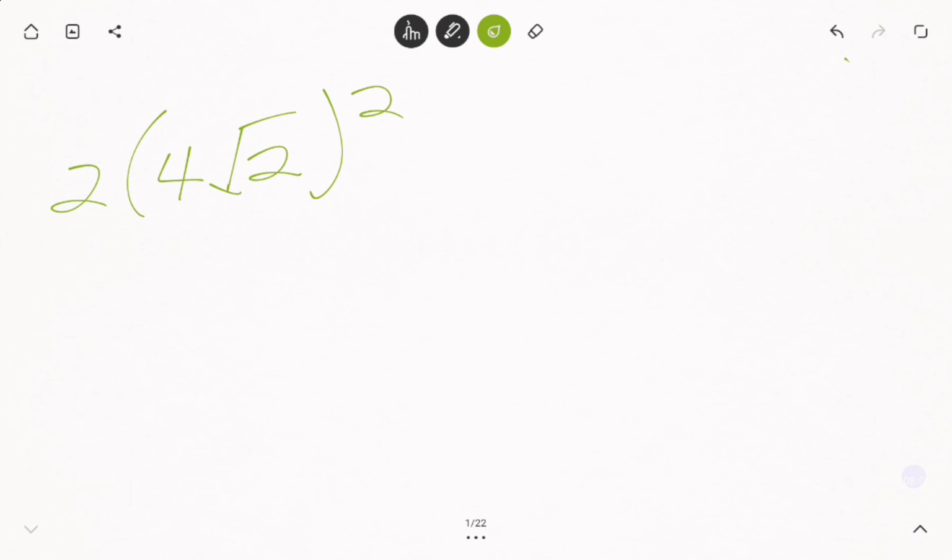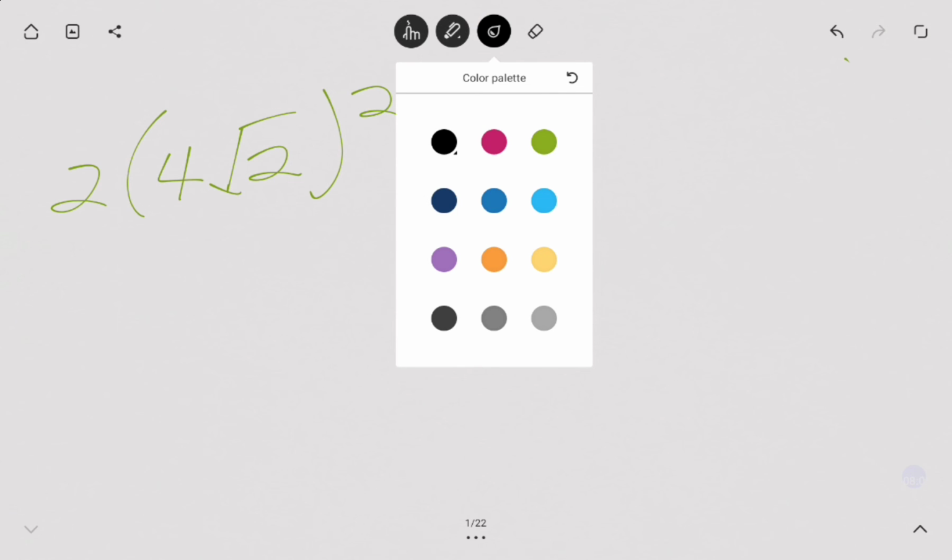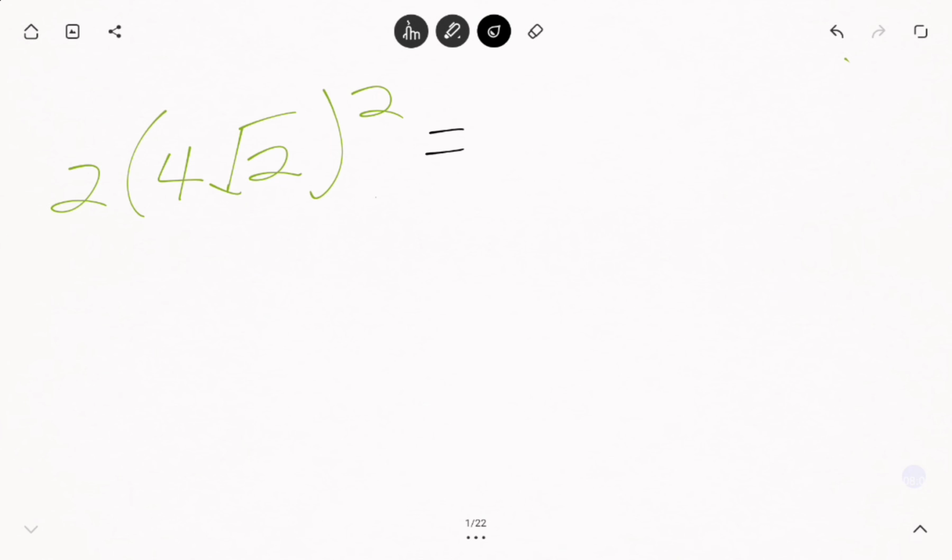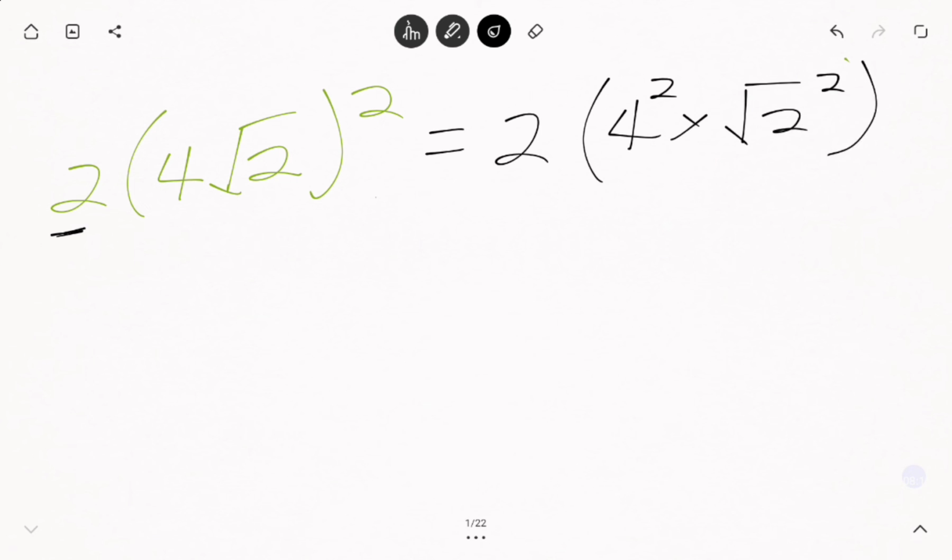If this is your question and you have to find an answer, this is equal to, you still maintain your 2 over here, then into bracket you now have the square affecting the 4, so it becomes 4 squared multiplied by root 2 squared.